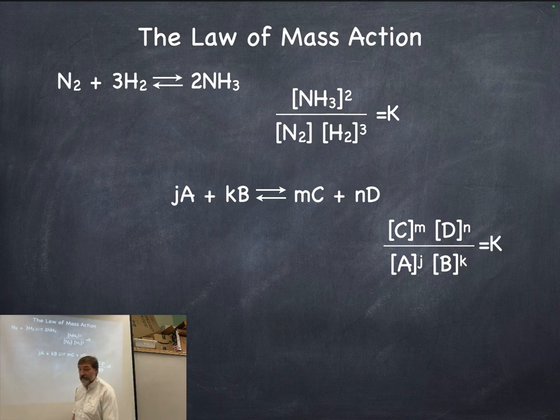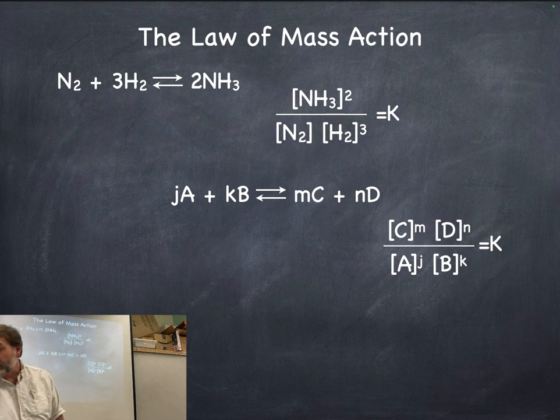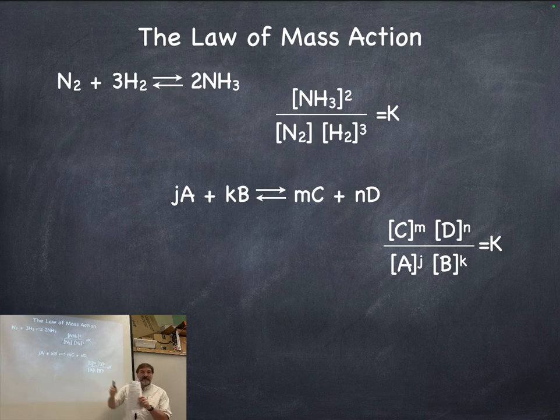And this equation is on the useful equation sheet, okay? So just like this, they use slightly different letters, but it is essentially A plus B produce C and D. They use lowercase a, lowercase b, C, and D. I prefer slightly different letters. But this generic form is there to help you remember it's products divided by reactants.